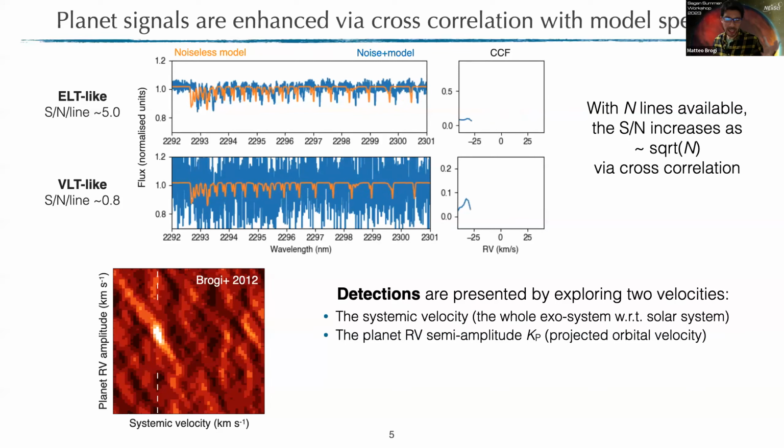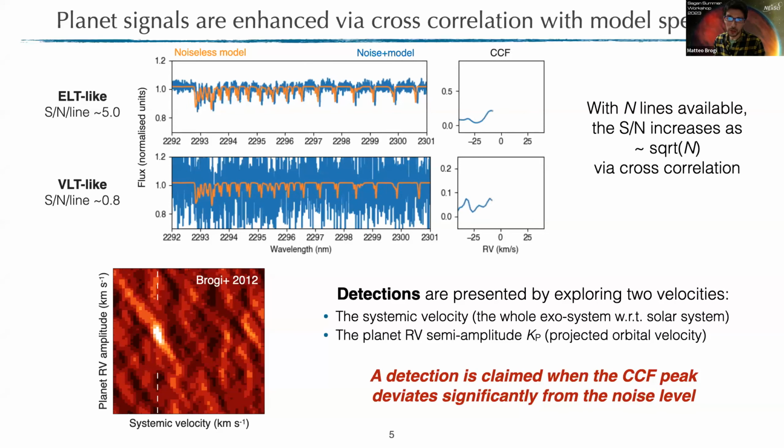The other velocity is the radial velocity semi-amplitude of the planet, so how fast the planet is moving around the orbit, projected onto the radial direction towards the observer. A detection is always claimed when the cross-correlation peak deviates significantly from the noise level, as you can see in this case of Tau B back in 2012.